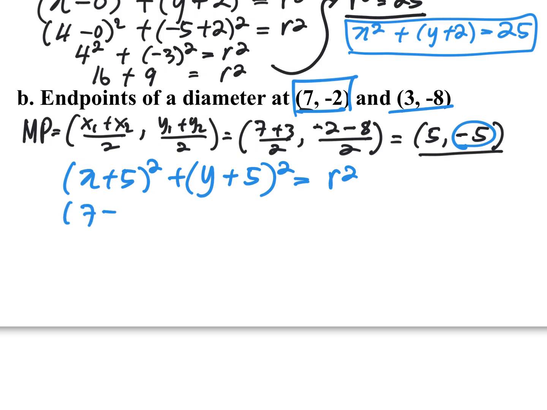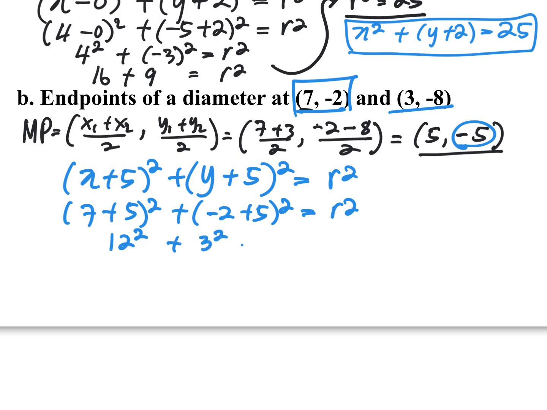That's going to be (7 − 5)² + (−2 + 5)² = r². 7 minus 5 is 2, squared, and −2 plus 5 is 3, squared, is equal to r². 4 plus 9 is equal to our r². So 4 plus 9 is going to give you 13. 13 is equal to your r².